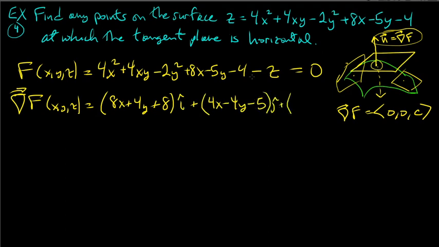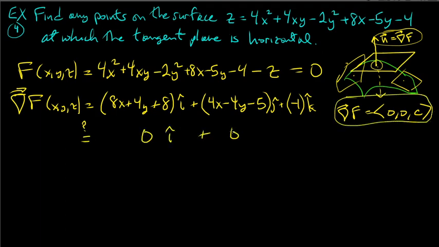And then the z partial derivative will be just negative 1. So there's our gradient. And the question is, when does it equal the vector 0i plus 0j plus c times k? In this case, our c just happens to be negative 1, but it could be any number.